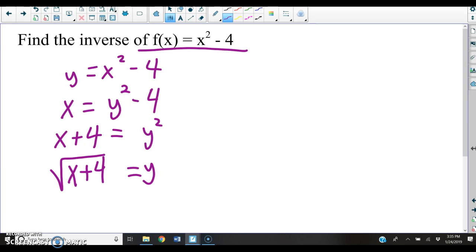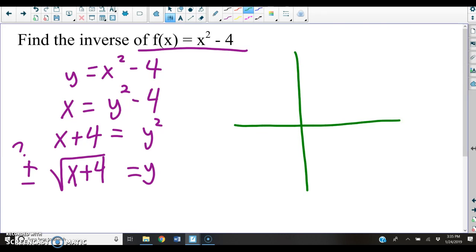Okay, now we have to think about this. Do we need plus or minus? I want you to think about that. Okay. We want to graph this so you can see what I'm talking about. The y equals x squared minus 4, I think you'll recognize as a parabola that goes through the point 0, negative 4, and it's not shifted right or left.